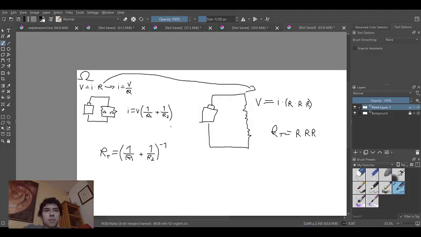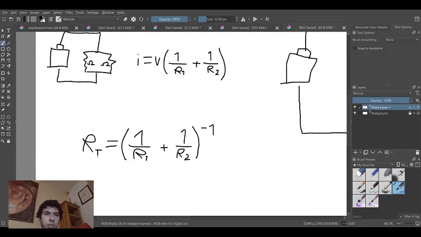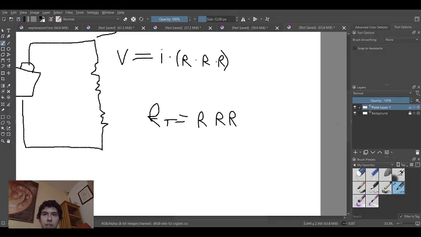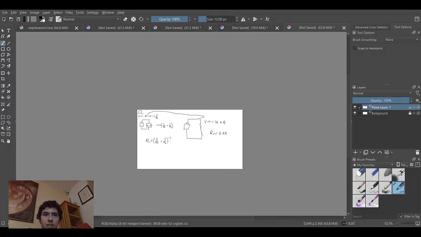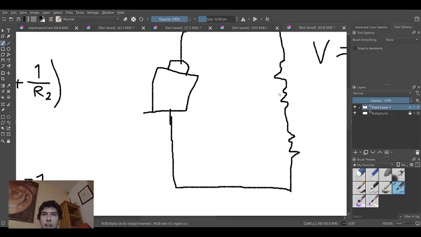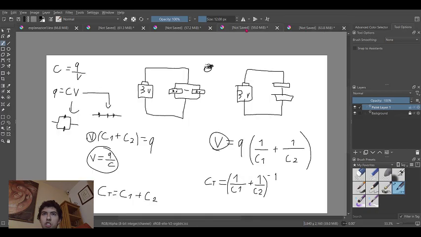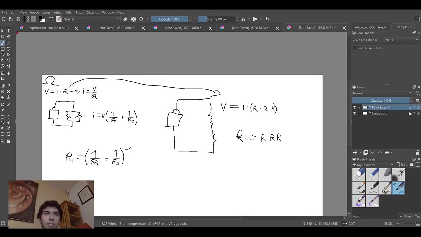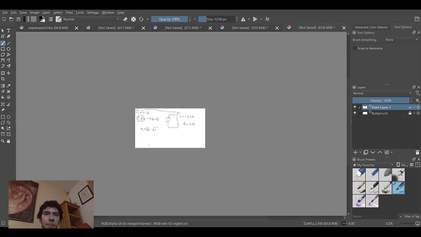Now, why would we want to do this? It seems interesting to just want to do this. Why would we want to unite these into different ones? Well, that's because circuits are generally not made up of just resistances or just capacitors. Generally, they are made up of both.